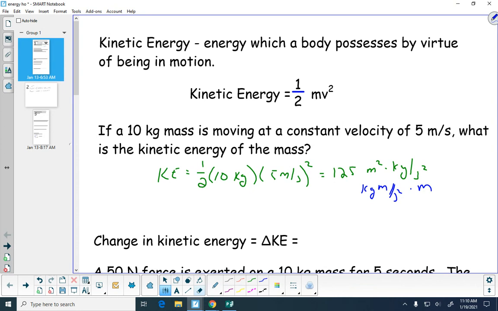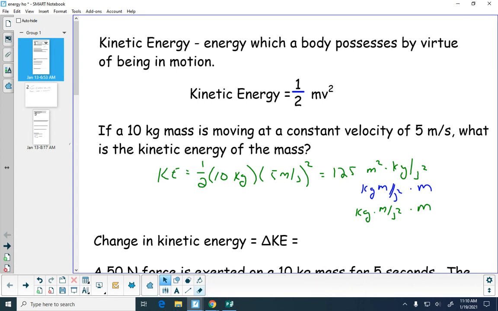Well, the question is, what is a kilogram meter per second squared? What unit is that? Well, let's break this down even further. We have a kilogram times a meter per second squared times a meter.